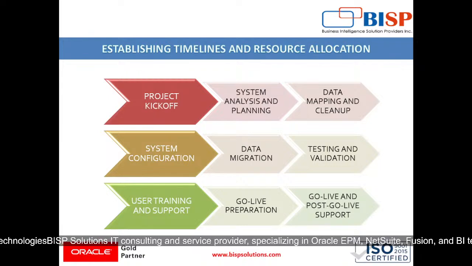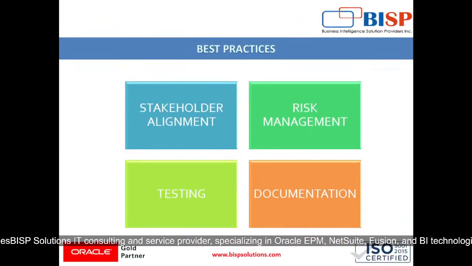Then best practices, where we will be aligning stakeholders, which means we will regularly communicate with stakeholders about the progress of the documentation. And risk management, which means identifying potential risks and preparing contingency plans.